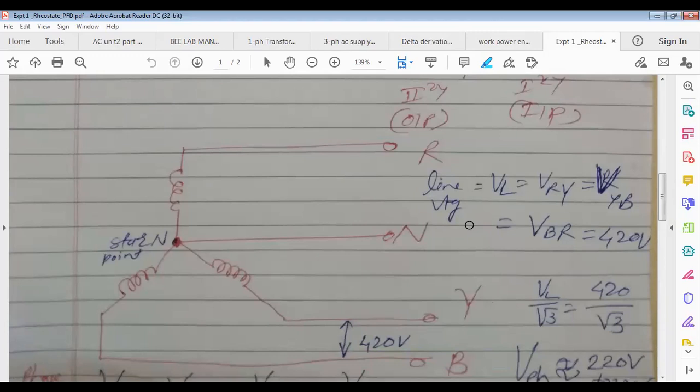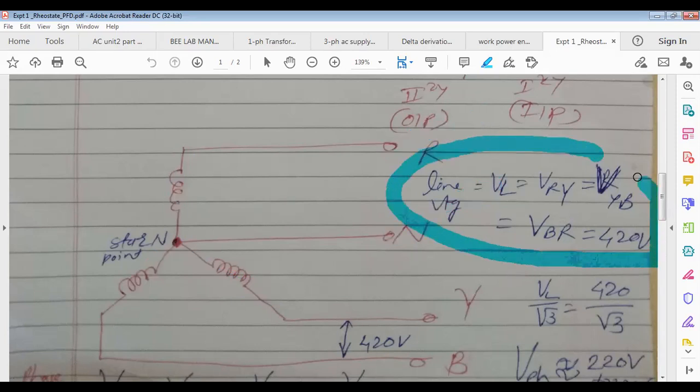Suppose it is reaching our college, E building, the first year building. Some load of that building they put on R to neutral. Single phase AC supply 220 volt, because this is the star connection, and we will derive in this unit the voltage across RY, YB and BR. Just now I told you 420 volt.